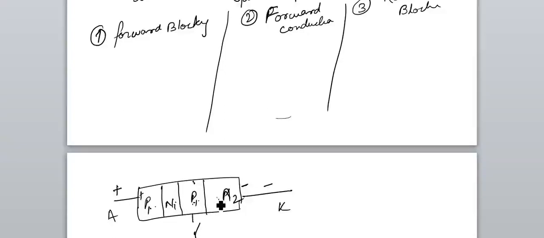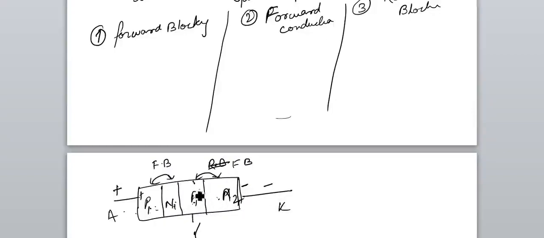For the first diode, P has the positive terminal, so it is forward bias. Next is this diode. Sorry, this is again forward bias. Why? Because N has negative potential, so that's why it is forward bias.